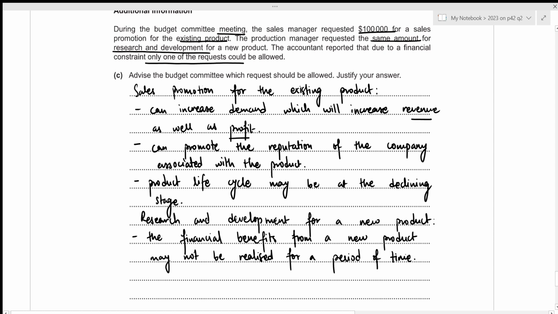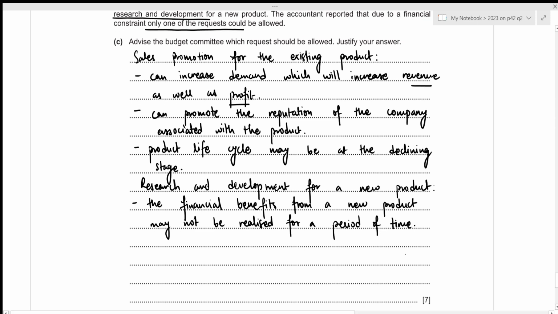Then the second thing that we can write down is that the success of any new product is uncertain. So we do not know whether or not this new product might be successful within our customers, and if it's not successful, the amount spent for research and development might just go down the drain. So the success of any new product is uncertain.